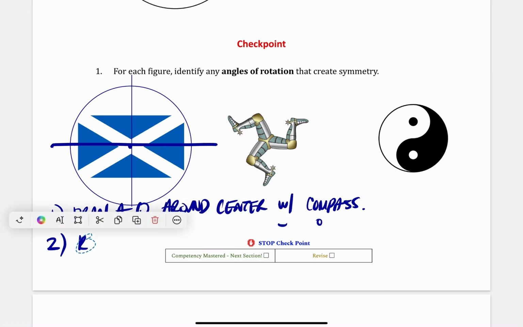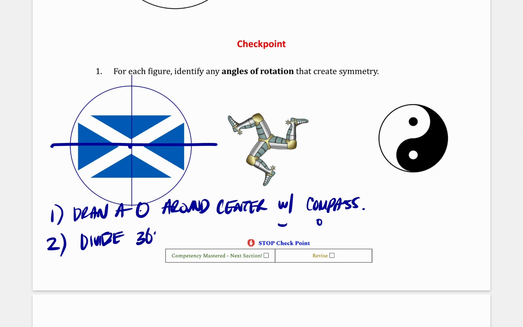Not going to be perfect, but we're going to work together. All right. Divide 360 degrees by quadrants, by sections. So here we have 4 sections.